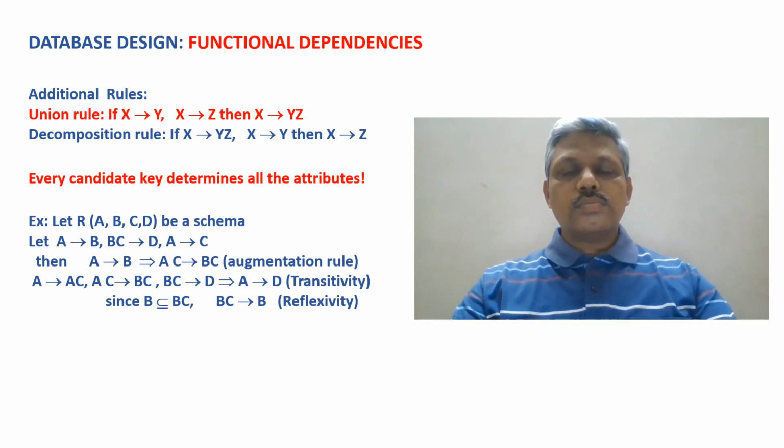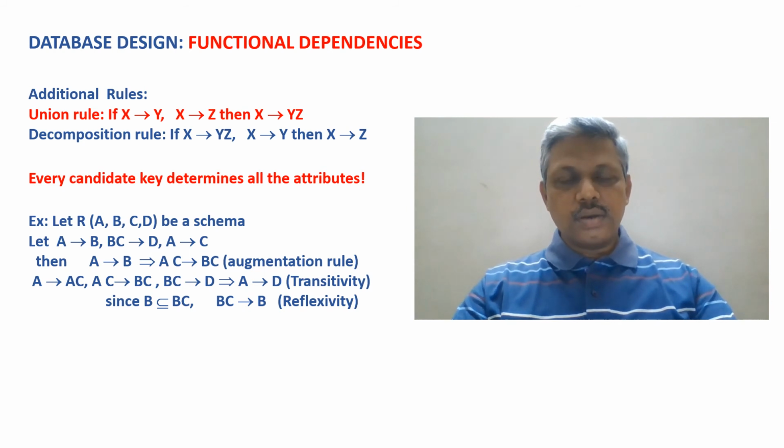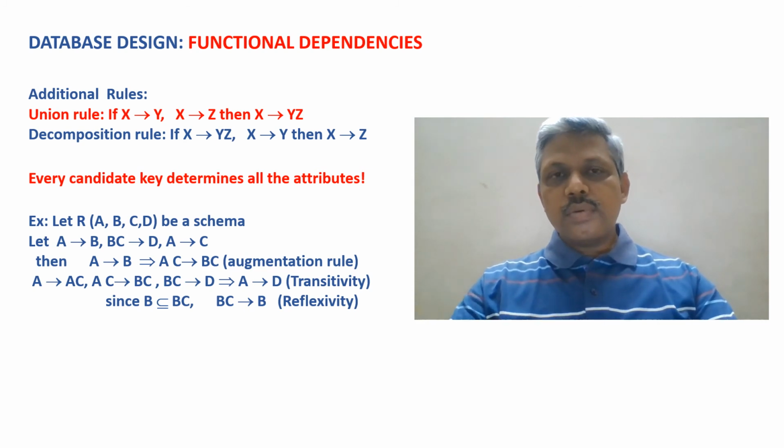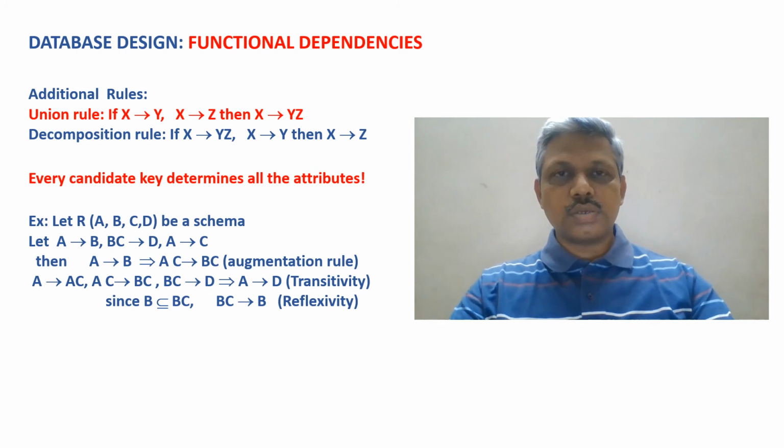Now we'll look into one important aspect here: given a schema, we have a set of candidate keys. We can say that every candidate key determines all the attributes. For example, if you fix one of the candidate keys as a primary key, that primary key determines all the attributes. An interesting fact here is, when do you say that a functional dependency fails?